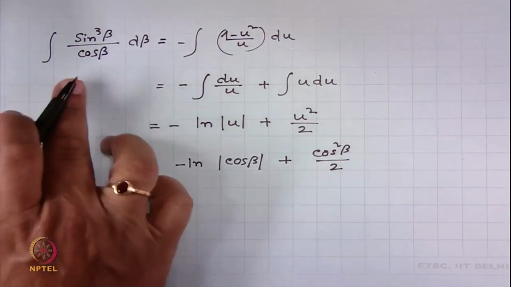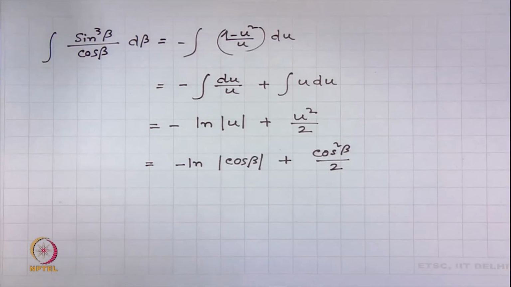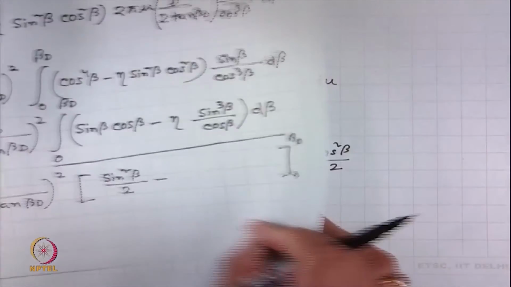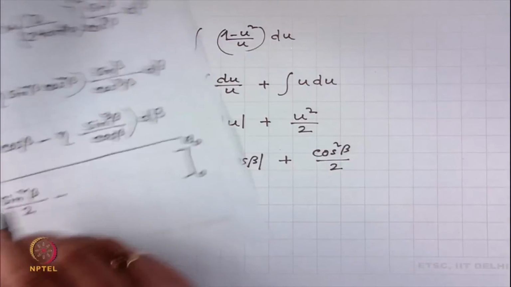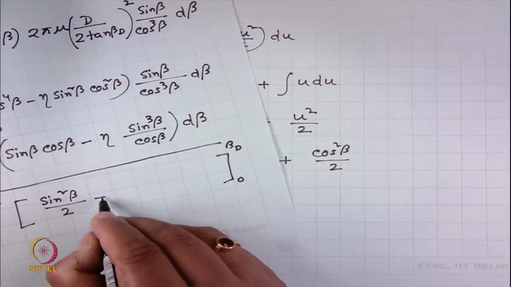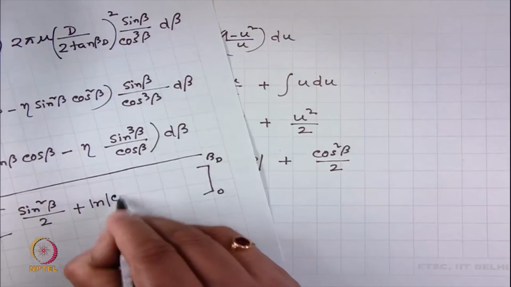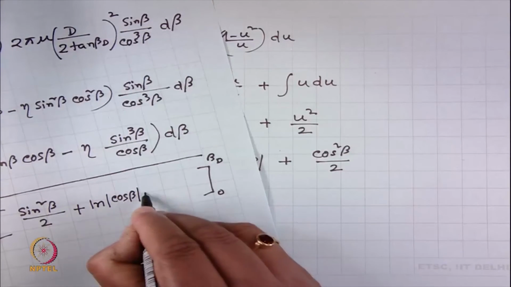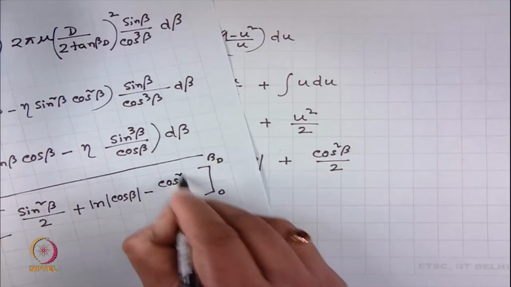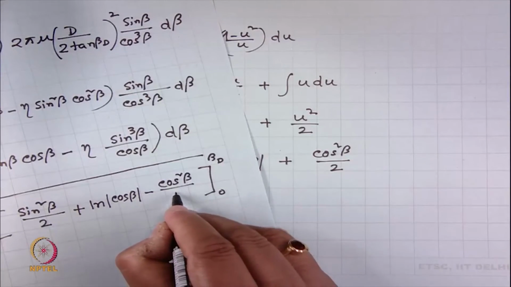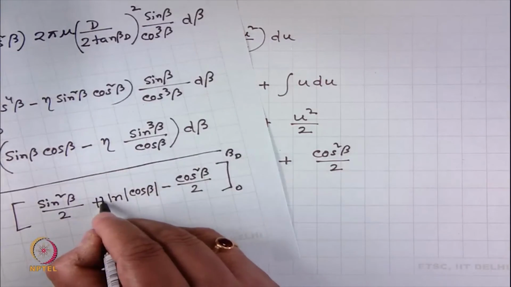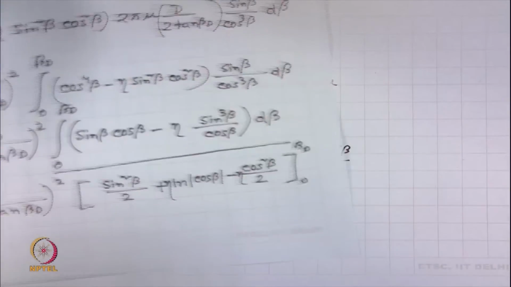So, this is the solution of this integral. We come back and we write this minus. So, minus into minus will be plus ln cos beta minus cos square beta by 2, and this will be multiplied here.